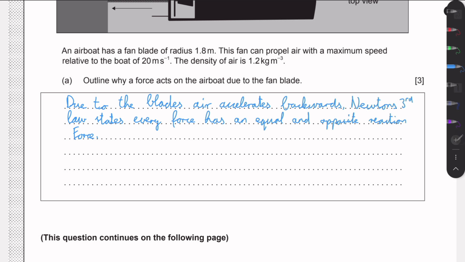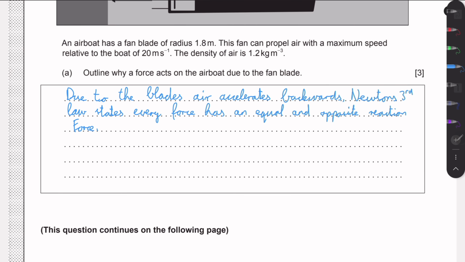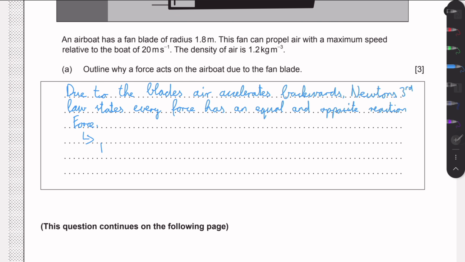And well, this force is what's going to be pushing the boat in the opposite direction. Something like this.